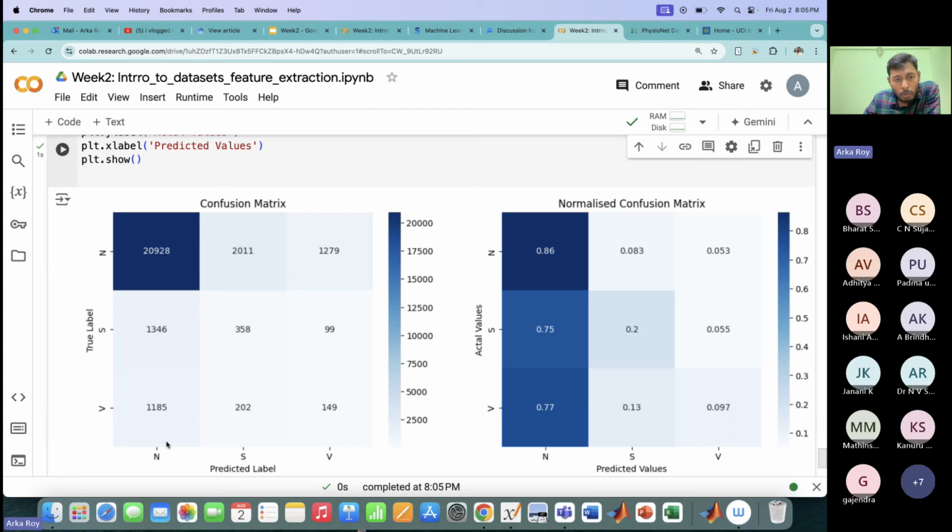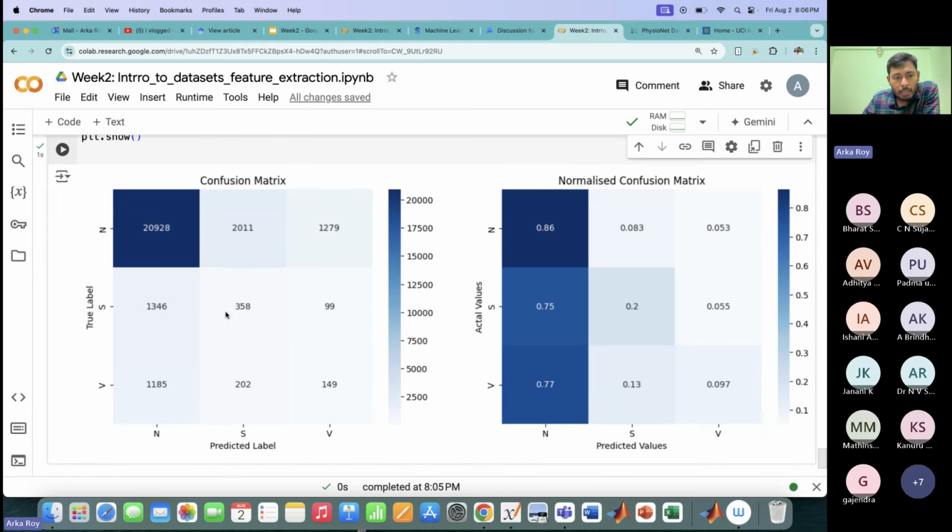this is the original confusion matrix. 20928 is basically the true positives. These diagonal elements are the true positives. And you can see that in the normal case, you are able to classify very well, about 86%.